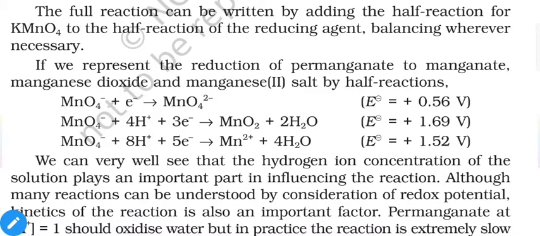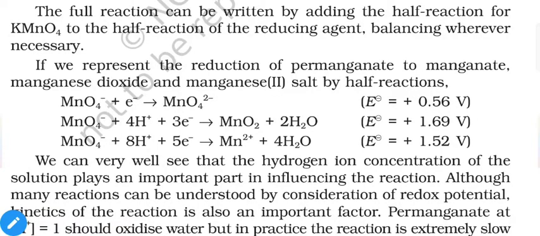If we represent the reduction of permanganate to manganate, manganese dioxide and manganese salt by half reactions, as you can see here, we have MnO4- which gains an electron and converts into MnO4 2-. Then in acidic medium it gives MnO2, and in higher acidic state it gives Mn2+.